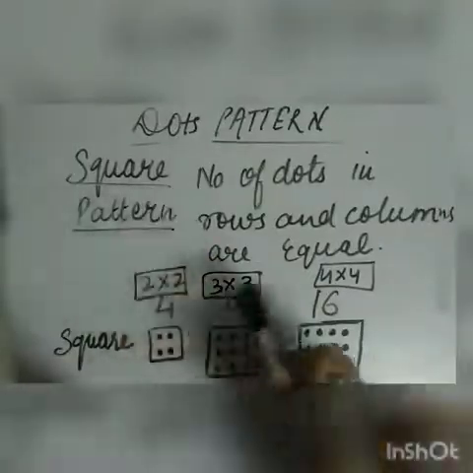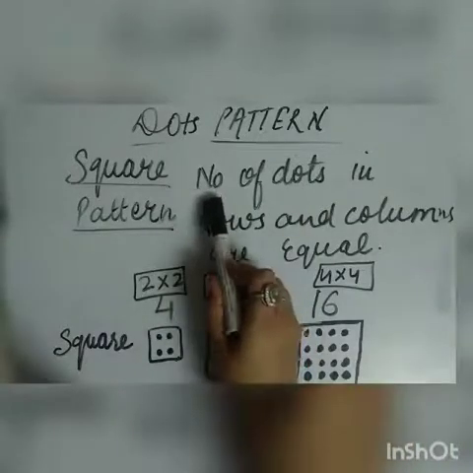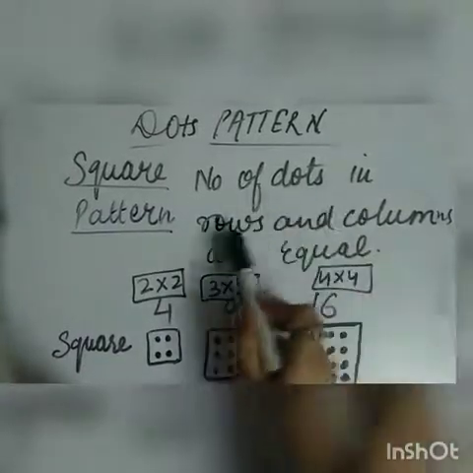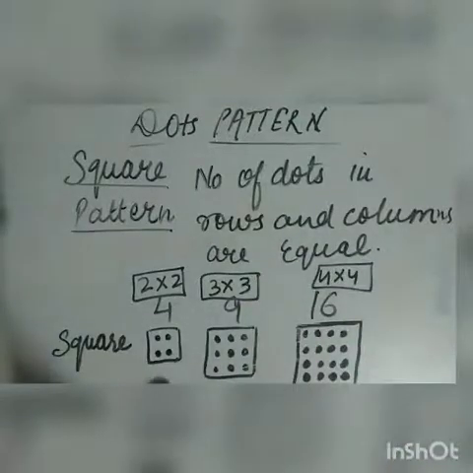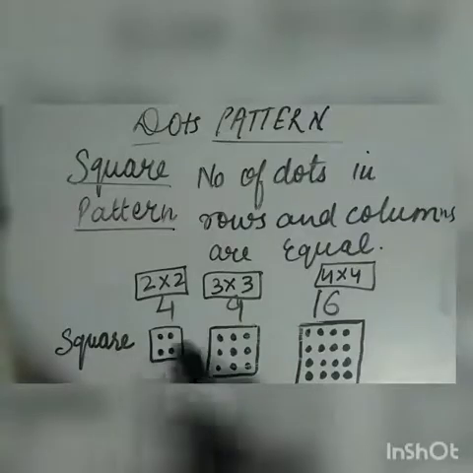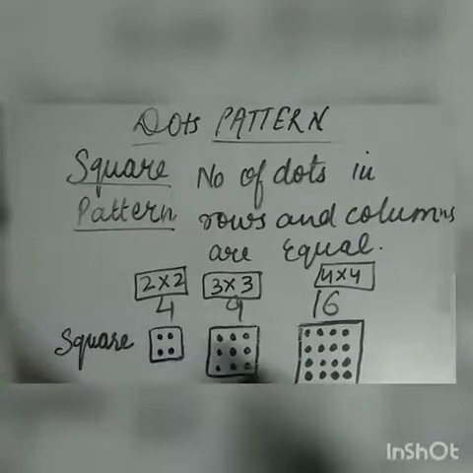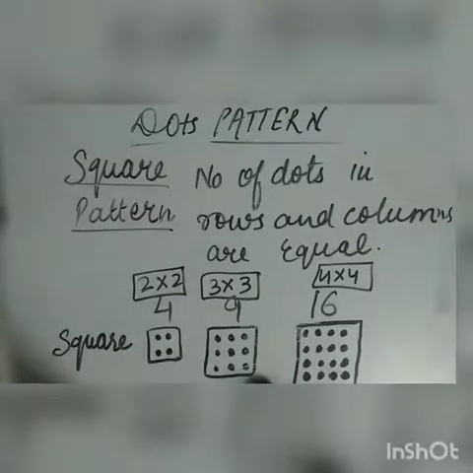Square dot pattern. In square dot pattern, the number of dots in rows and columns are equal. For example, in the rows there are 2 dots and in the columns there are 2 dots. So, 2 multiplied by 2, there are 4 dots in this pattern. There are 3 rows and 3 columns, and the number of dots in rows and columns are 3 each.